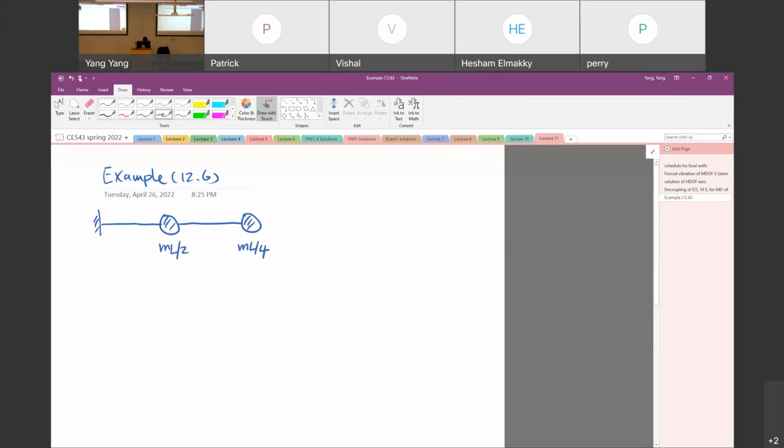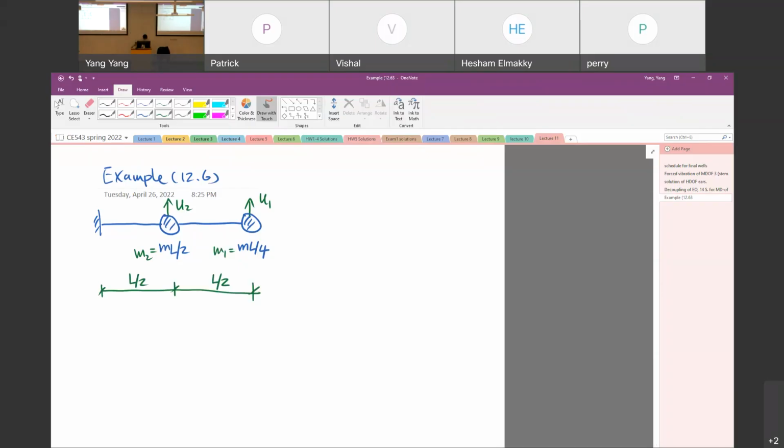It is a cantilever beam with two masses, right? One is at the free end, the other one is at the middle of the beam.